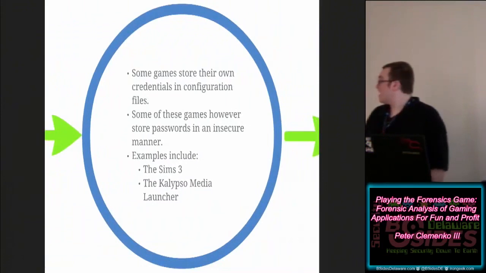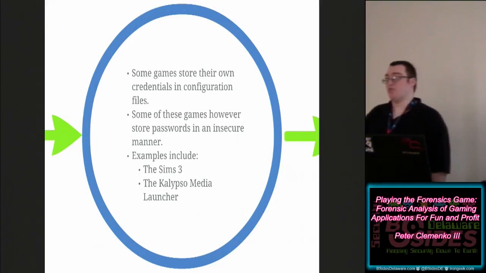So, you've got some games storing passwords in their own config files to their own logins. Now, you've got some of these which unfortunately are storing very insecurely, either in some cases base64, usually with a character array in that case, or even clear text. Some examples include The Sims 3 and the Calypso Media Launcher, which launches every game published by Calypso Media.